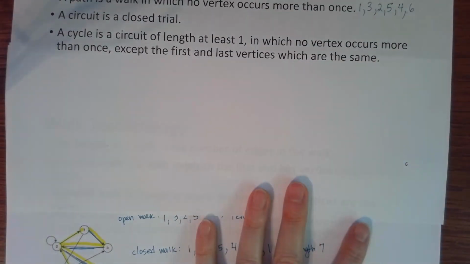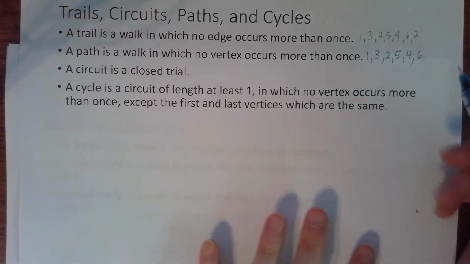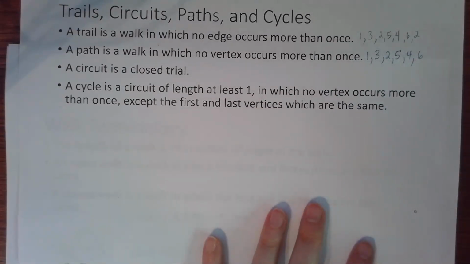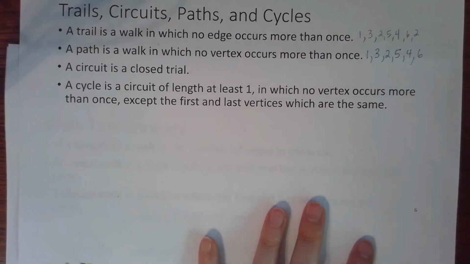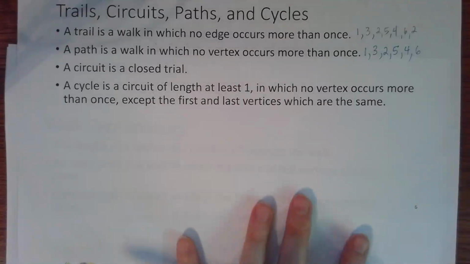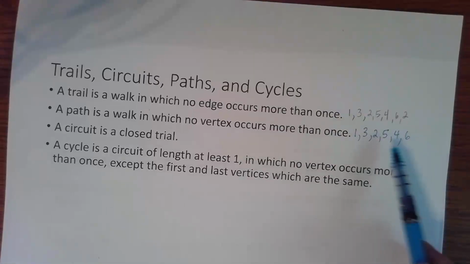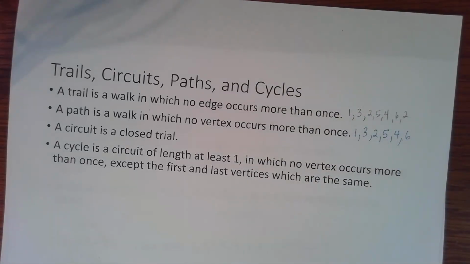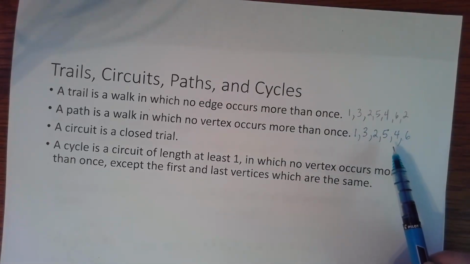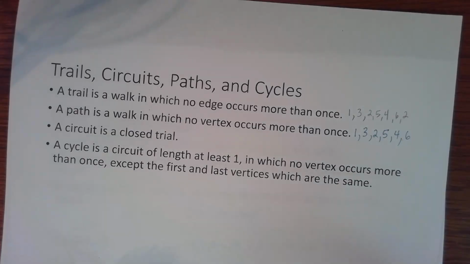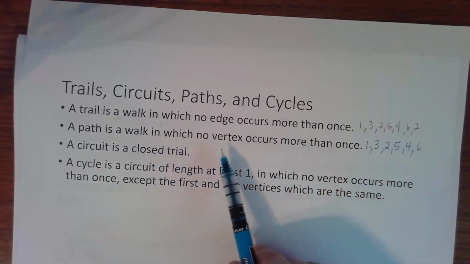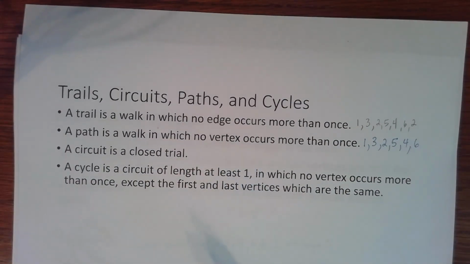And at that point, we've gone through all the vertices and we can't go anywhere else, because if we do, we'll repeat a vertex. So from 6, there are ways to get back to 2 or out to 5, but we would then repeat a 2 or a 5 and it won't be a path anymore. So that's basically the longest path that we can get. So we've repeated no vertices at all.